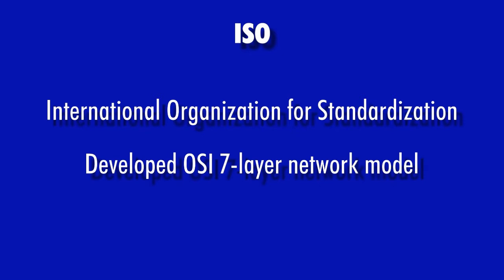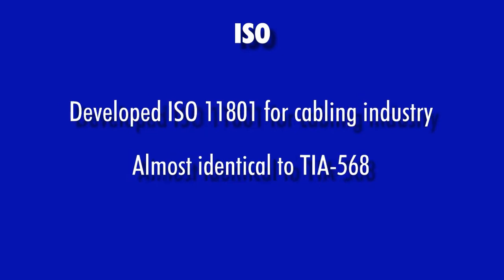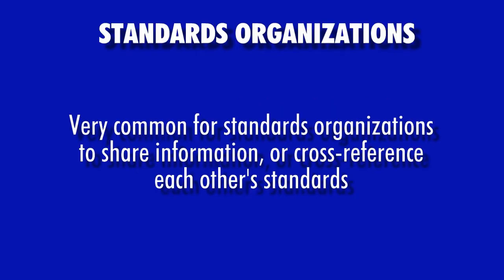Best known in the IT industry for its OSI, or Open Systems Interconnect, 7-layer network model, the ISO also developed the ISO 11801, which is very similar to TIA 568. In fact, it is a common practice among standards organizations to share information, or refer to each other's standards.